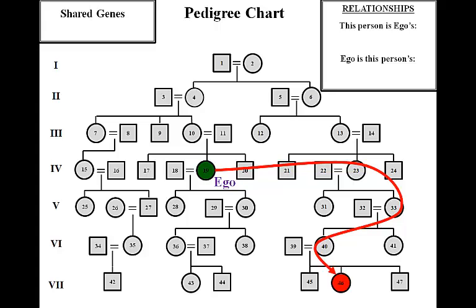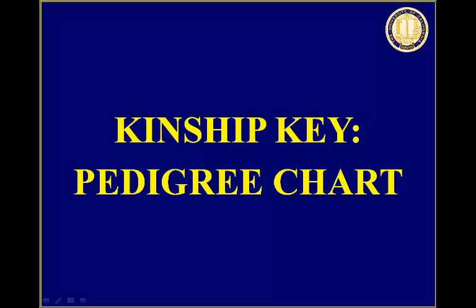The difference in generations, we start with generation 4 and end with generation 7. Therefore this person is ego's second cousin thrice removed, and also ego is this person's second cousin thrice removed, and they share genes 1/256. Here I'll present a kinship key showing the relationship of all 47 individuals with each other.